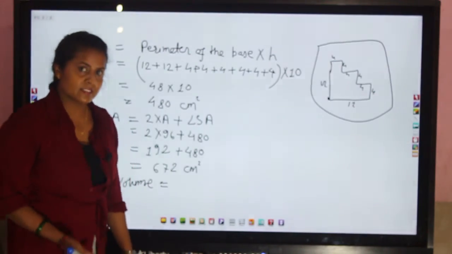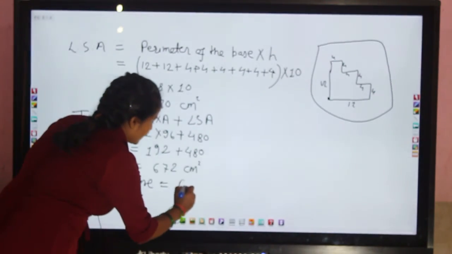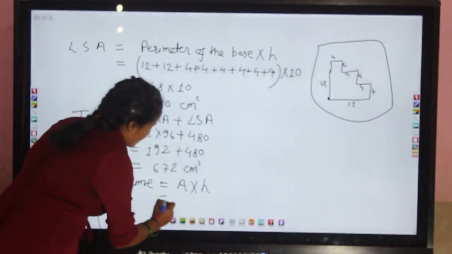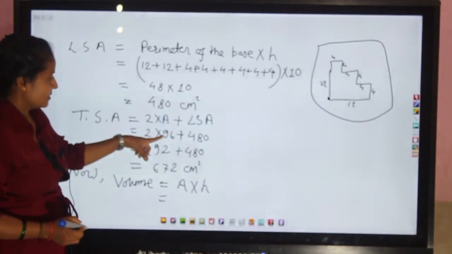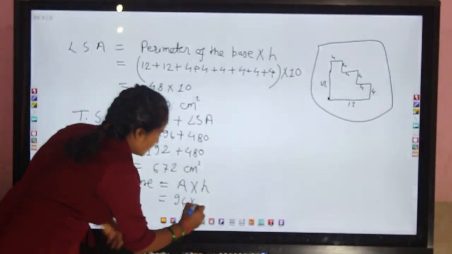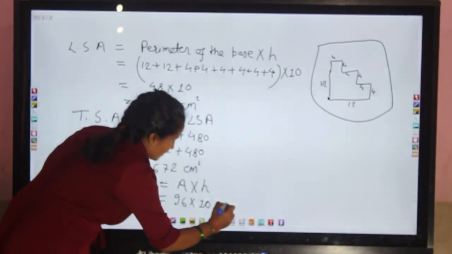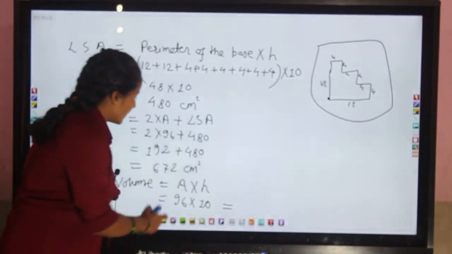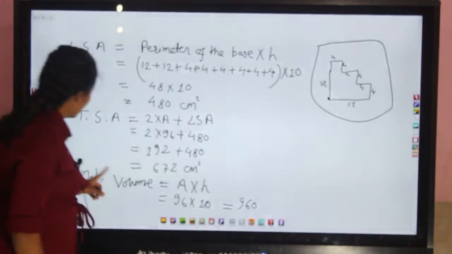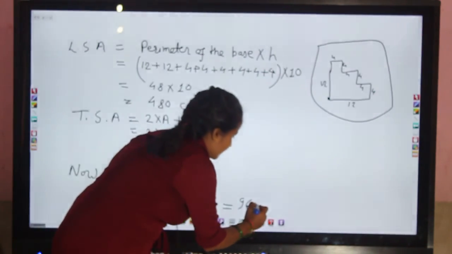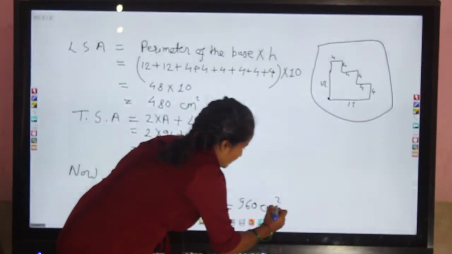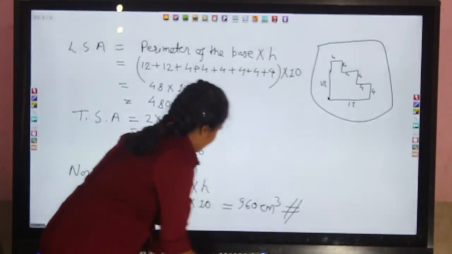Area of the base into height of the prism. What was our area of the base? Here the area of the base is 96. 96 into height 10 centimeter. While calculating, it came 960. It is the volume, 960 centimeter cube. Okay, it's our answer.